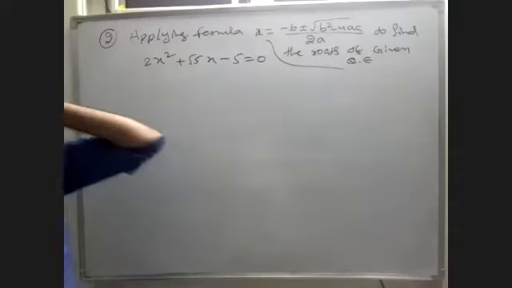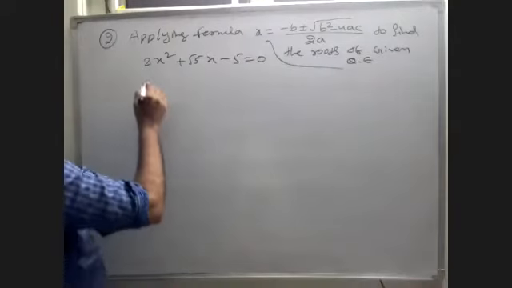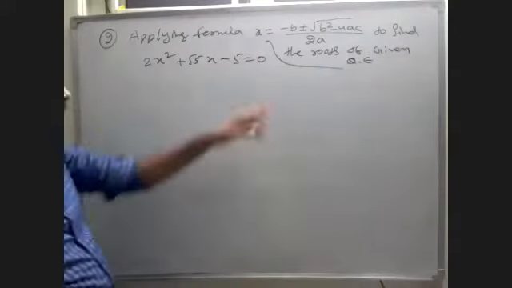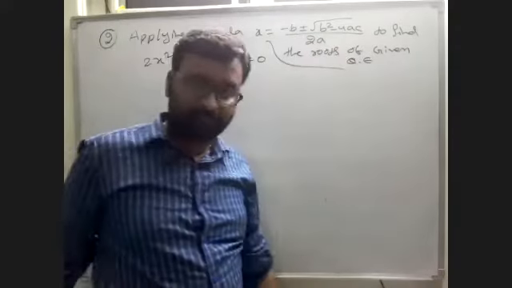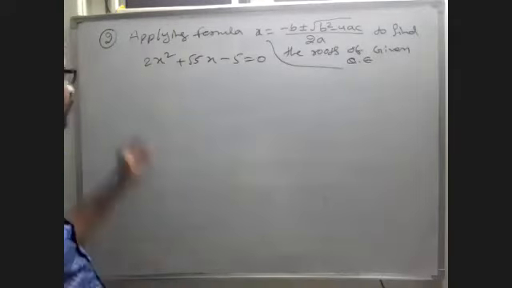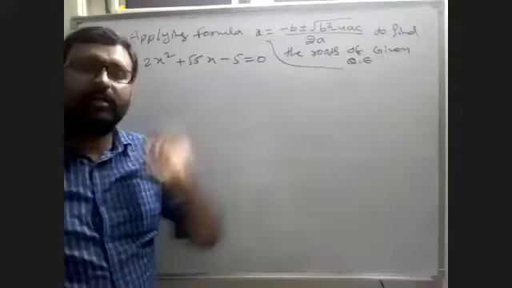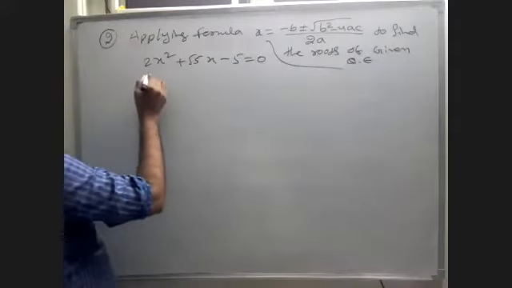So now we will find the roots of this equation by using that formula. First we have to compare with the general form. Why? Because here we require a value, b value, c value. From this equation to find the ABC values, we have to compare with the standard form, general form, right? Now what is the general form?